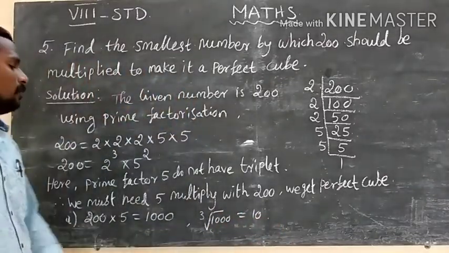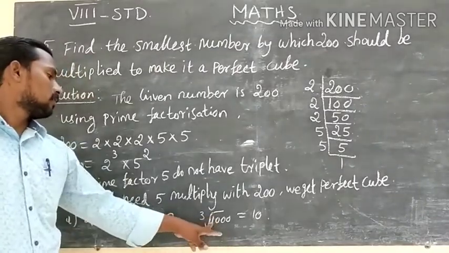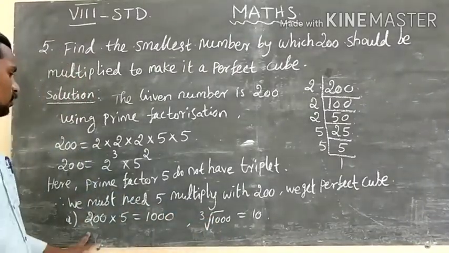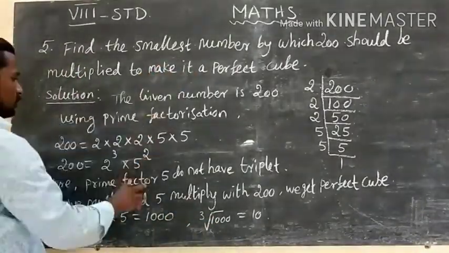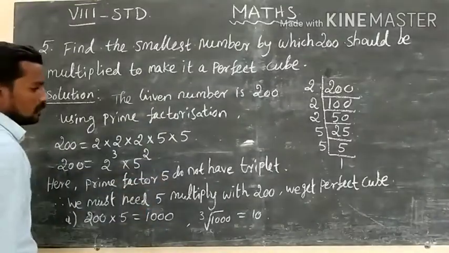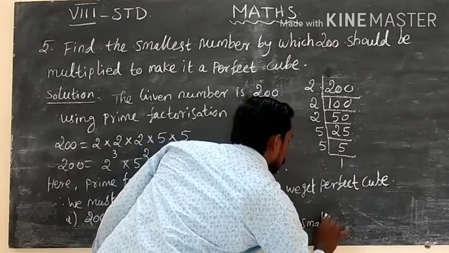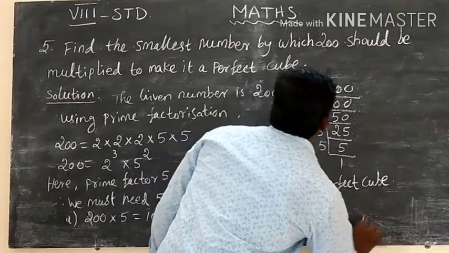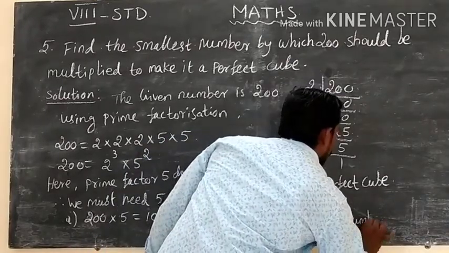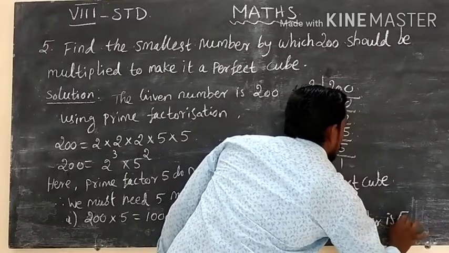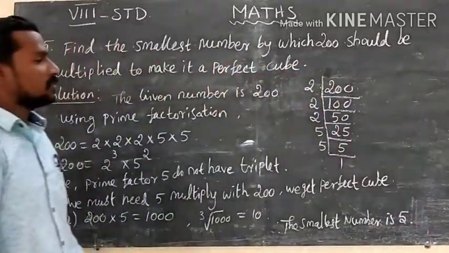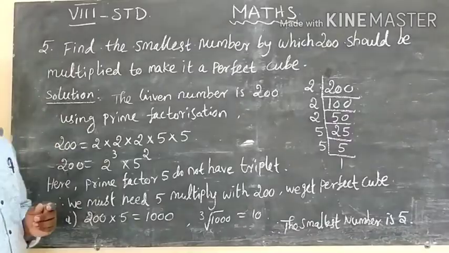Already we know 10 multiplied 3 times gives 1000. Therefore, the smallest number needed is 5. That's all for the fifth question.